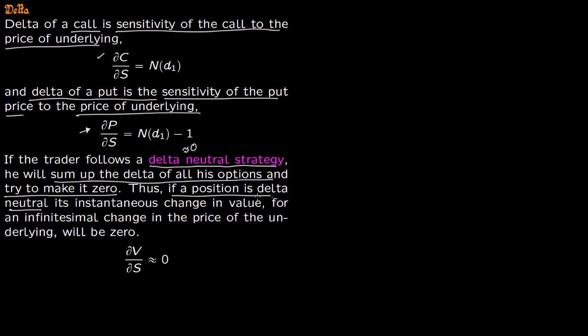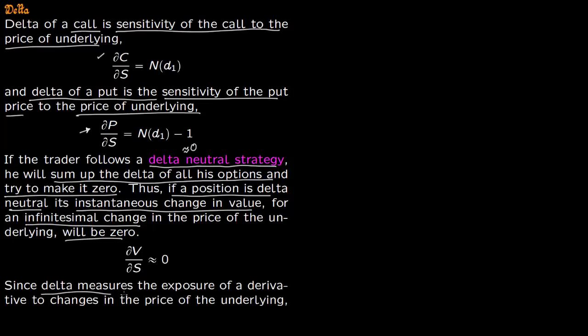So that means if a position is delta neutral, its instantaneous change in value for a small change in the price of the underlying will be 0. So if the market changes with respect to some price by a small amount, then the value of his portfolio will not change much. The change in value will almost be 0.